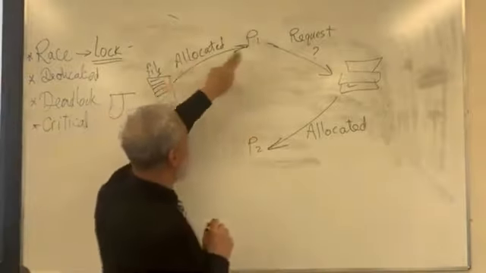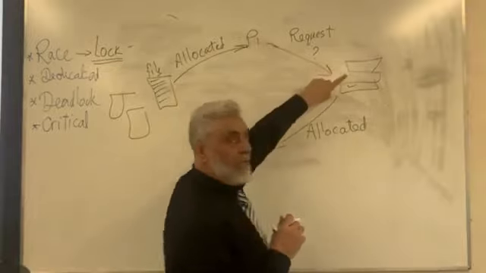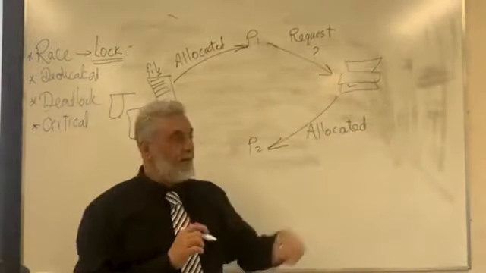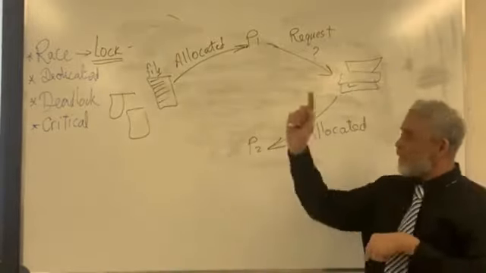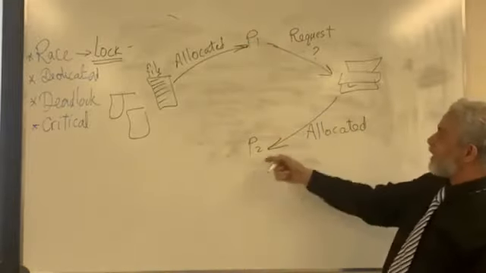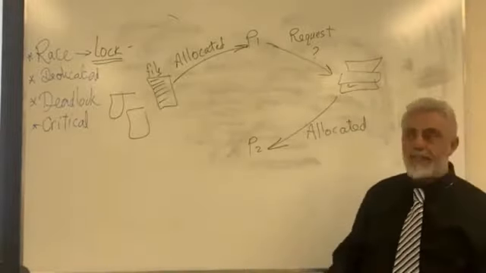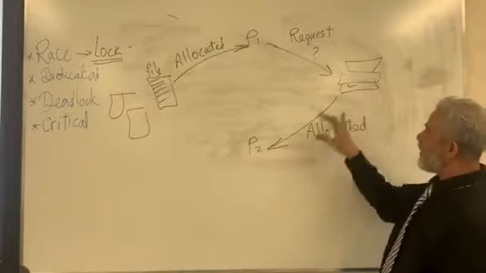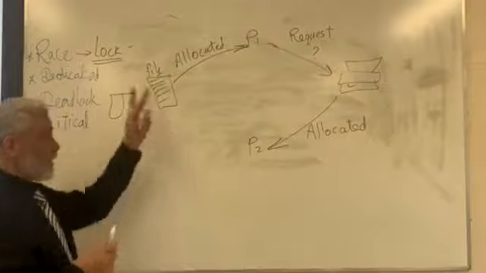See these two words? If you're going from a person or a process pointing at a device, that means that process wants that device. If the arrow points from the device to the process, it's like saying, who has the printer? And the printer has the name of that person who is pointing at it. So the printer is allocated. So these are the two words to use to read this diagram.